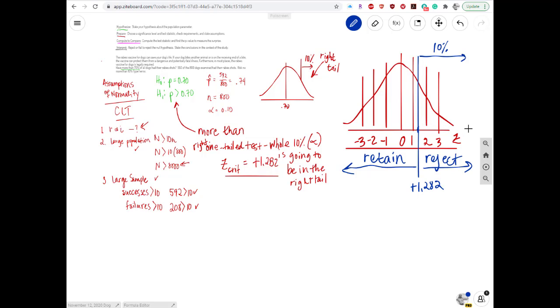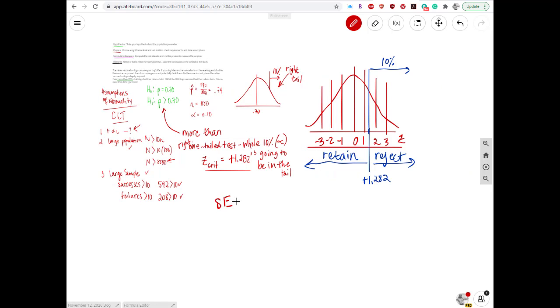So we've got our lines marked out. I think the only thing we need to find now is what our standard error is. So let's go ahead and calculate that. And we can use the standard error formula for proportions, which is just the square root of the sample proportion multiplied by a whole minus the sample proportion, divided by the size of the sample.